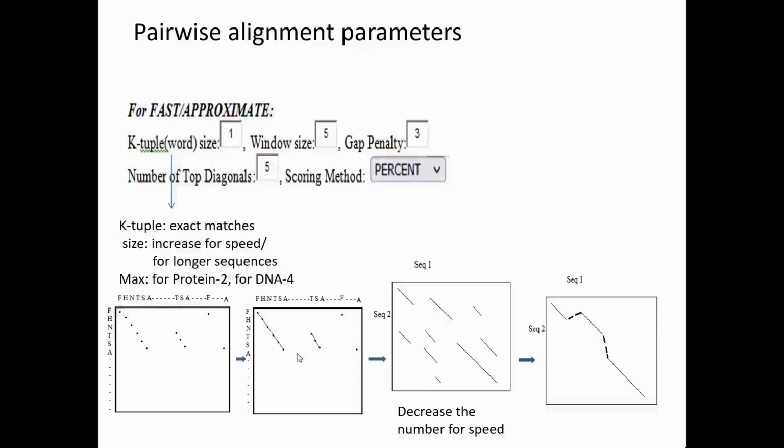The next step is that these exact matches, the dots, will be joined by diagonal lines. So based on the dots, we will get many diagonal lines. The next step is that these matches will be scored, and based on the score some diagonals will be retained. The diagonals which have a high score will be retained and those with a very low score will be deleted.